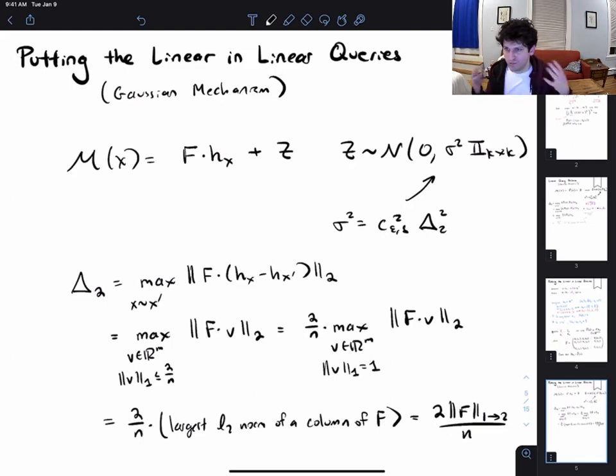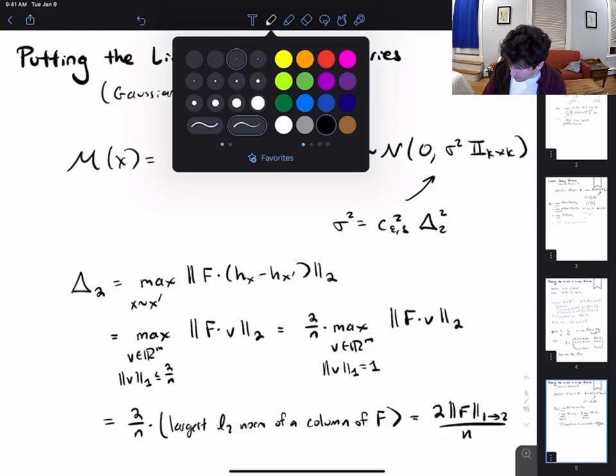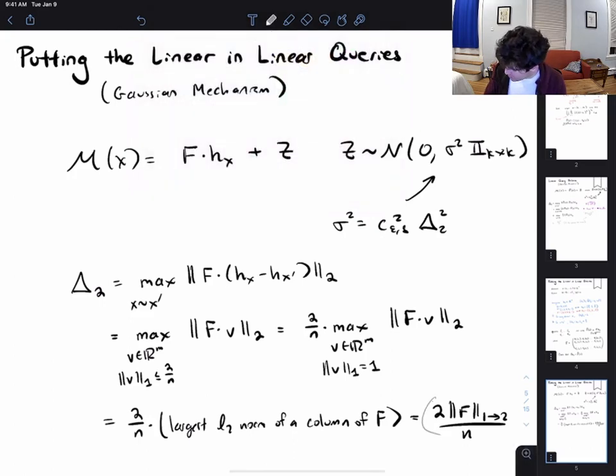So there's just a notation, a norm called the 1 to 2 norm, and it happens to be equal to the largest L2 norm of any column of the matrix. And why that's called that is something you can ask me about offline. It's not really that important, but I want you to remember this notation.